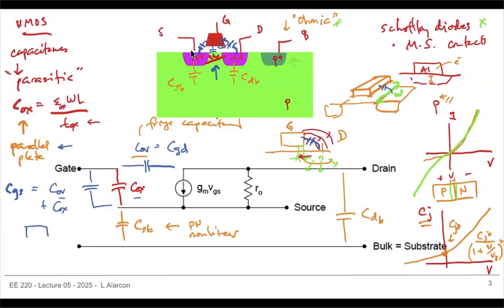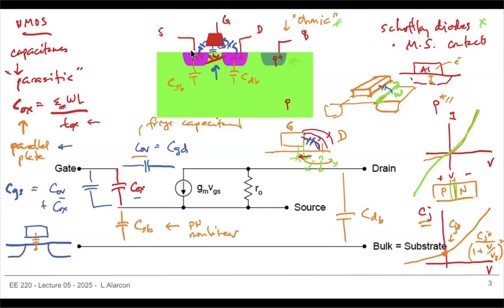Remember, if that's a gate, you do have several regions. For example, if this is your source and drain, just to illustrate, if you don't have a channel, then the gate capacitance is this capacitance going into the P substrate.